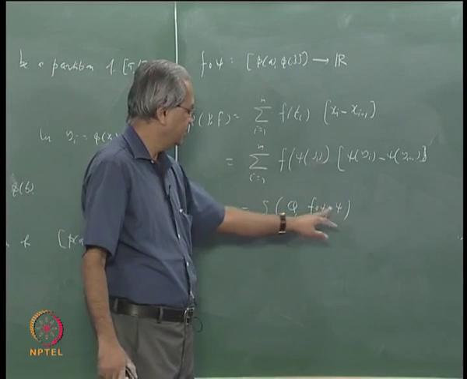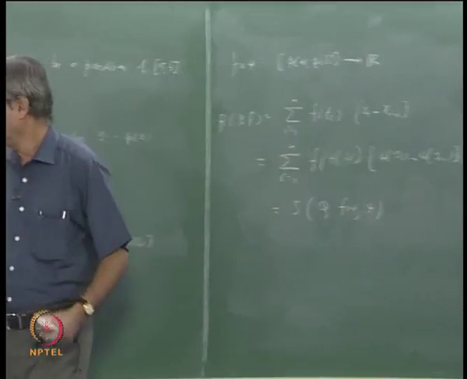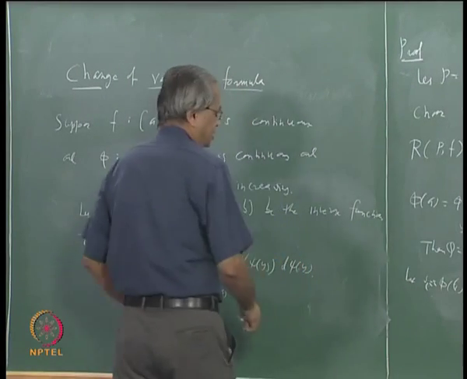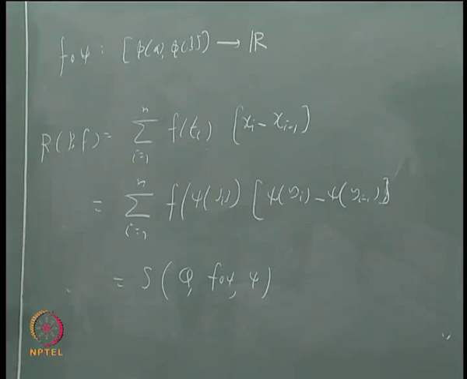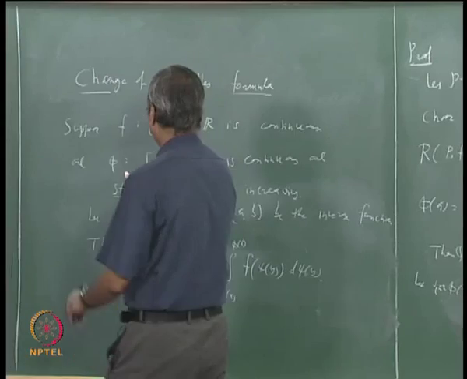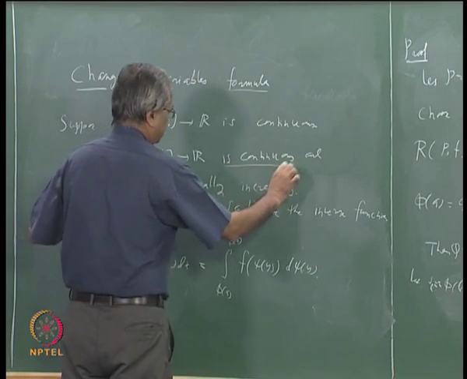So this integral, the integral from a to b of f composed with psi d psi, also exists. This Riemann-Stieltjes sum will go to this integral provided the mesh of the partition Q goes to 0. The only question is whether we can show that whenever the mesh of the partition P goes to 0, the mesh of Q also goes to 0. That is exactly where we make use of the hypothesis that phi is continuous.